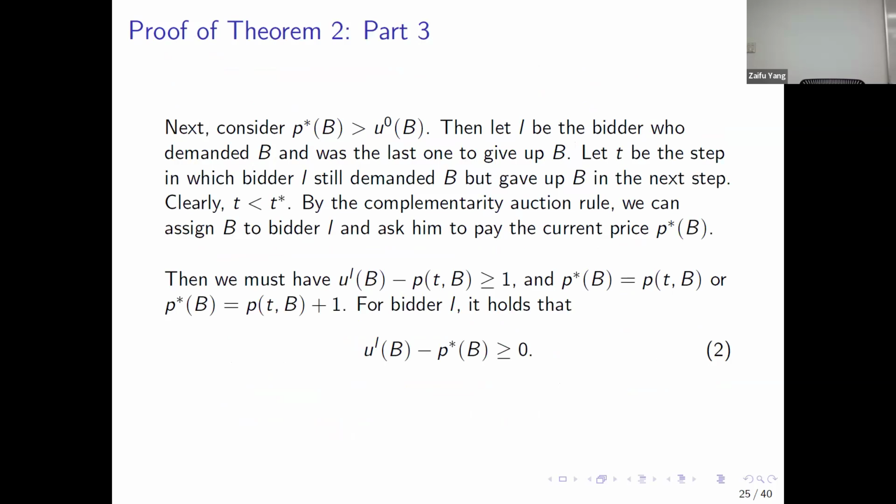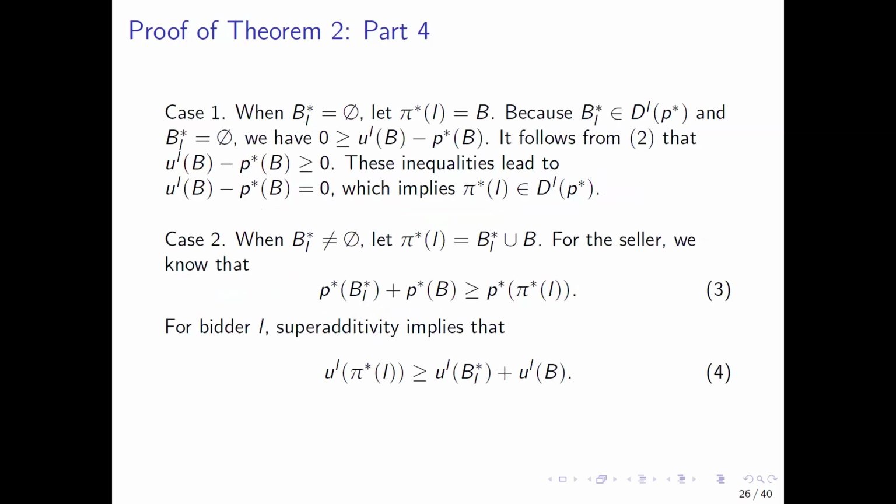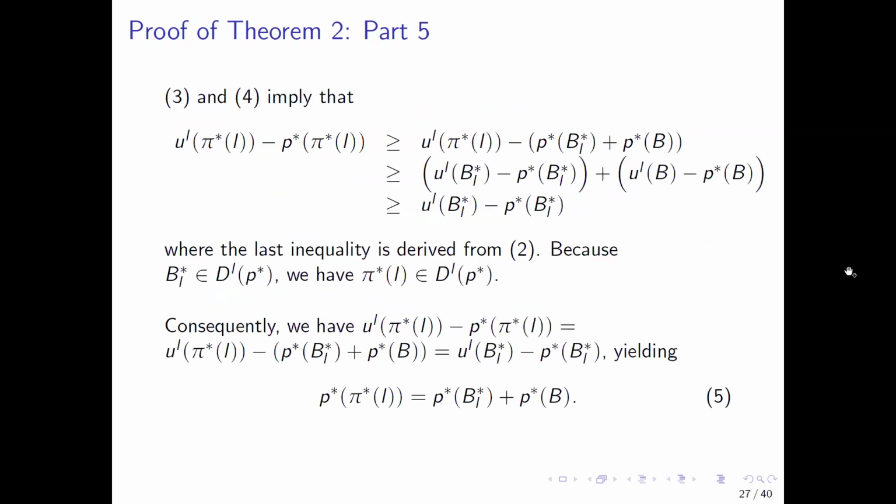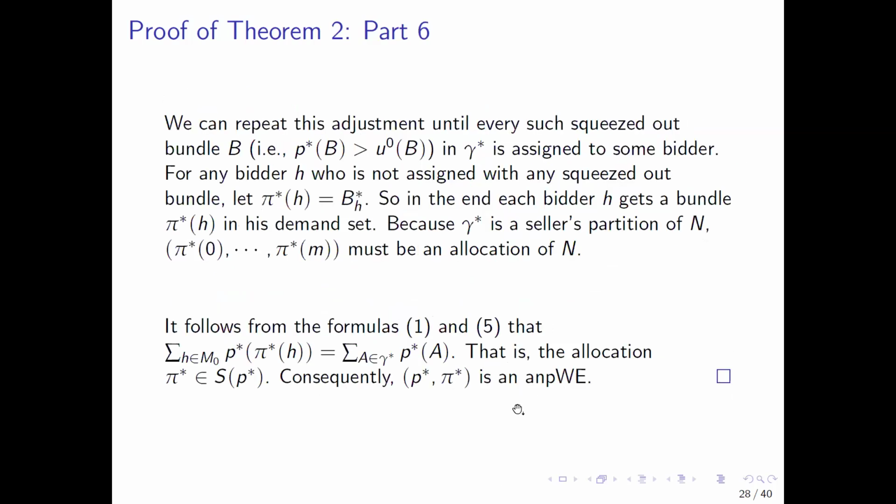The last one, it means that when you give up the bundle D, your surplus for this bundle should be at least equal to 1. So if L is not the last one, then this fails. So this fact is used. Then we can always use this argument for any such squeezed bundle.